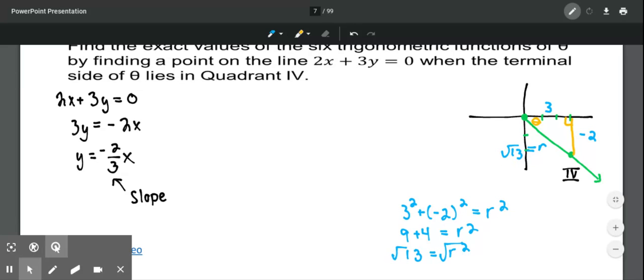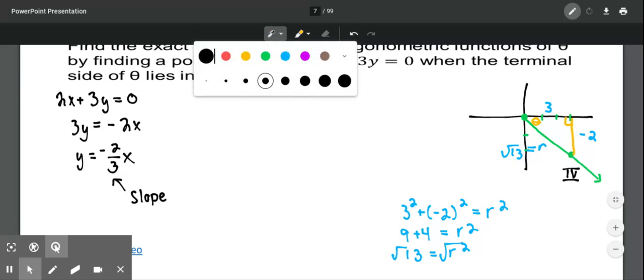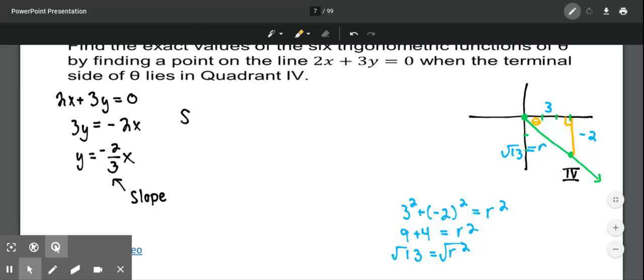And so now we have all 3 sides, and now we just have to write our ratios. So the sine of theta is opposite, which is negative 2, over hypotenuse, square root of 13. Okay. I don't need you to rationalize when you're doing these. On your homework check, it will probably require it, but just in your general homework, I don't need you to spend the time necessarily doing that.